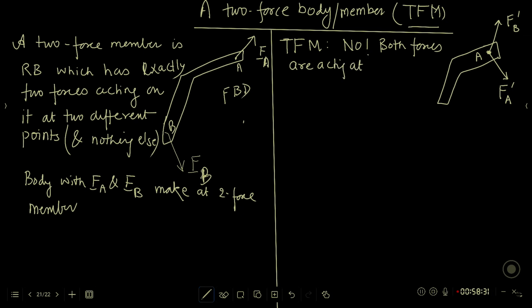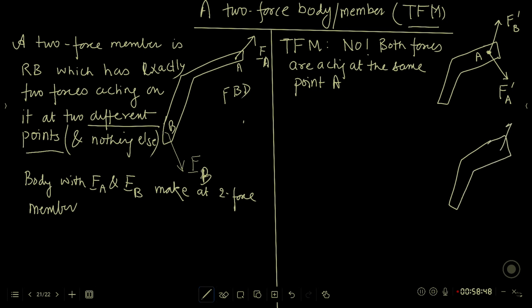Then some of you may come up with this scenario: I have FB, and I should have put here FA double prime, I meant. It's all about A. I have another scenario at point A, two forces are acting, and then at B, I have another force.